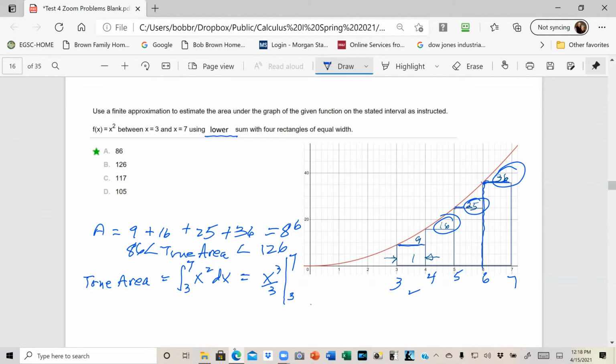And this is going to be equal to 7 cubed over 3 minus 3 cubed over 3. And you do the math and you will get 105.33. So we know that the true area is 105.33. Now the handout I've given you shows you how to do all of this in detail.